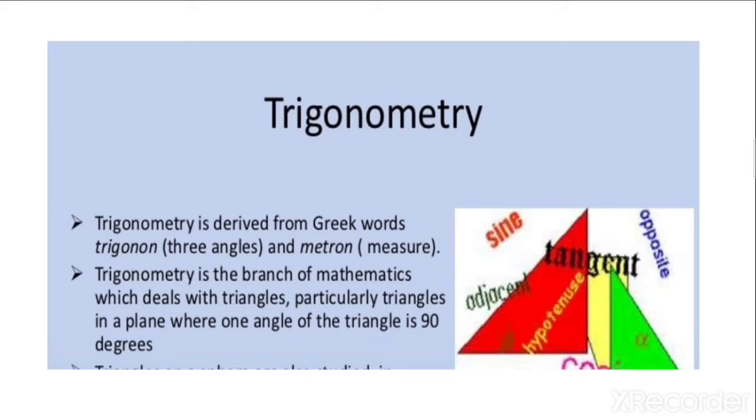We can say trigonometry is a branch of mathematics where we deal with triangles, especially the 90-degree triangles. That means a right angle triangle, and the relationship between their sides and the angles is the one which we are going to deal with.